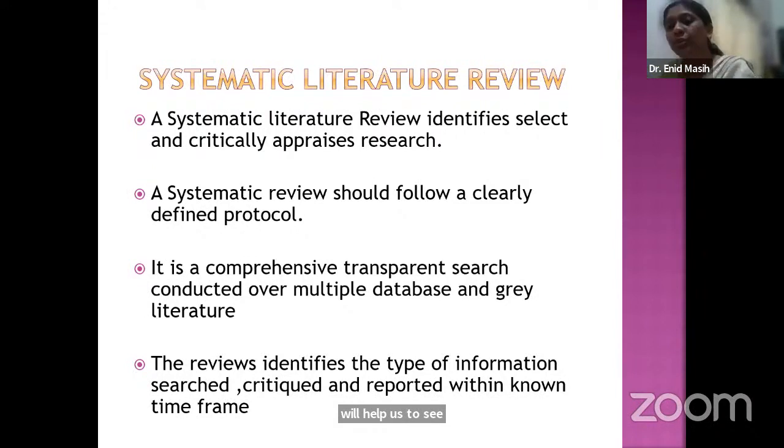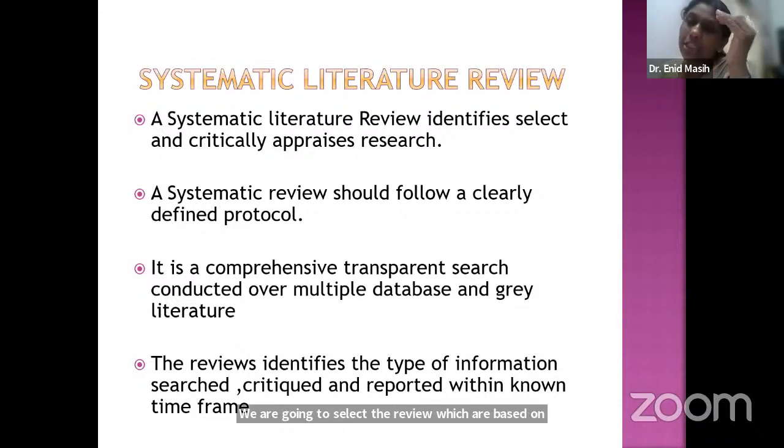Then we select the reviews which are based on those theories only, and on the basis of those theories we write a systematic literature review paper. Come to the next slide, please.